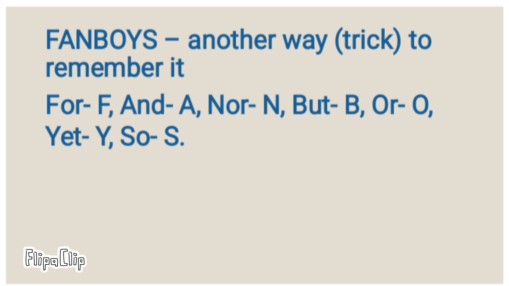Another way to remember the coordinating conjunctions is FANBOYS, where F stands for for, A is and, N is nor, B is but, O is or, Y is yet, S is so, which come together as FANBOYS.